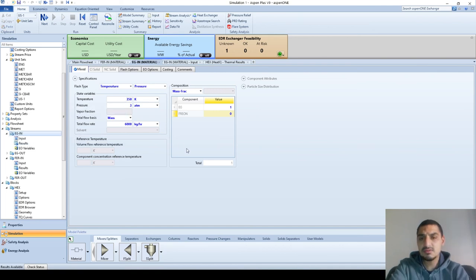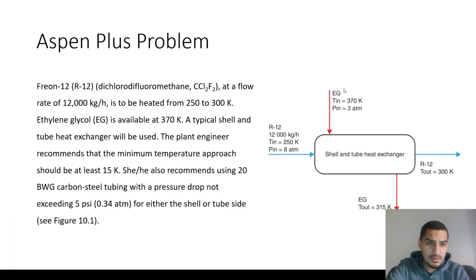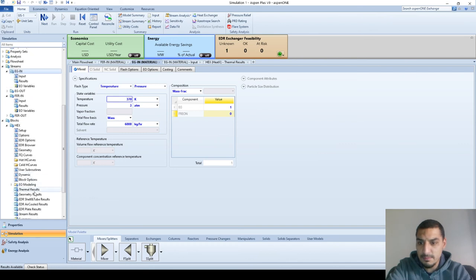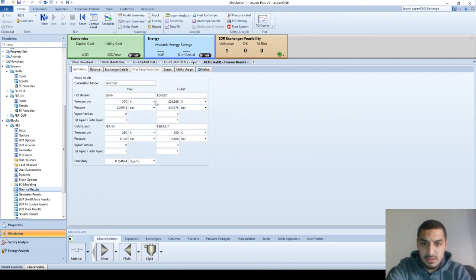Anyway, okay, it looks okay. Oh, it's 370. Yeah, that's why. This is why I think the results are not right. So again, back to the results. Yeah, okay, this sounds good. So these are the outputs that I have.